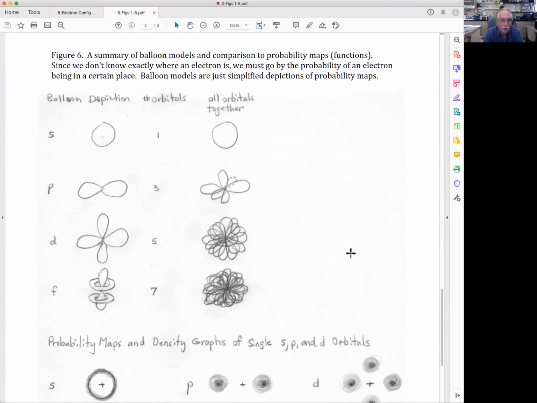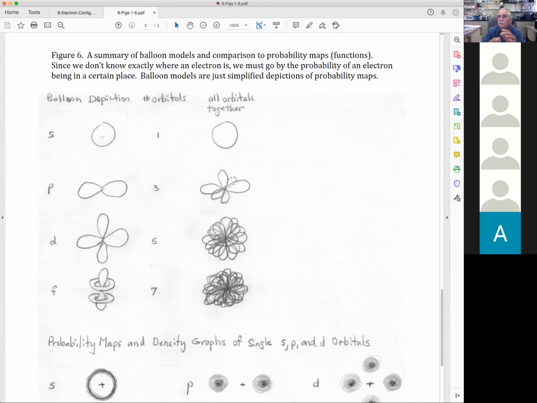So here's what I want you to see. Here's an S type of subshell. Here's where the electron moves around. We find the electron here. Right there is the nucleus. Okay. So what I've done is I've taken a cross section. So you have a spherical object, right?